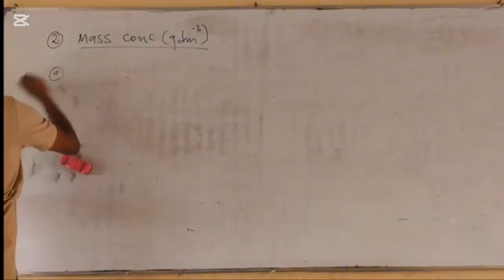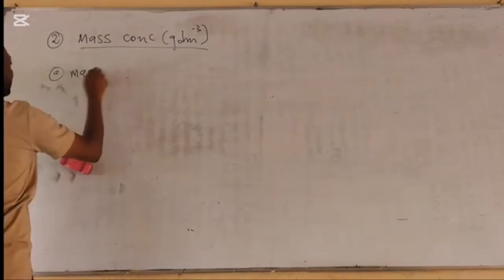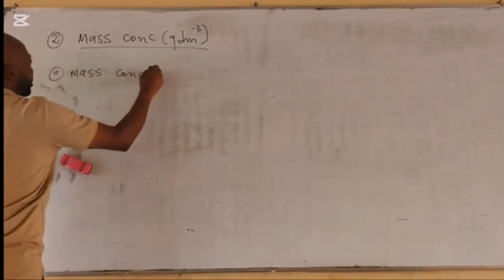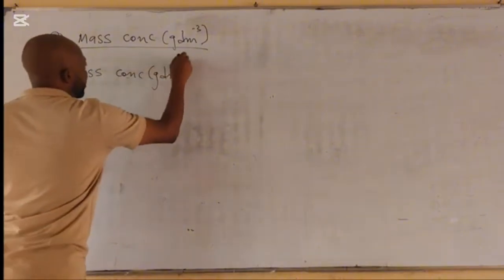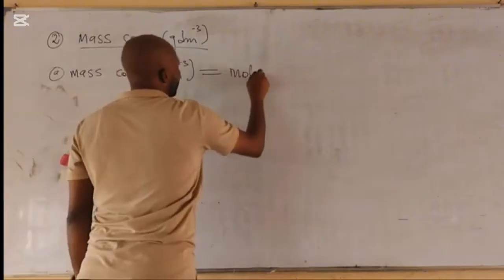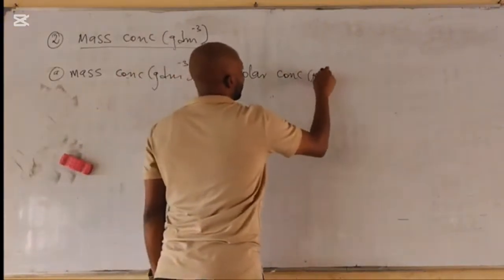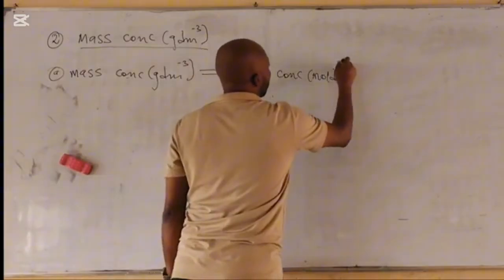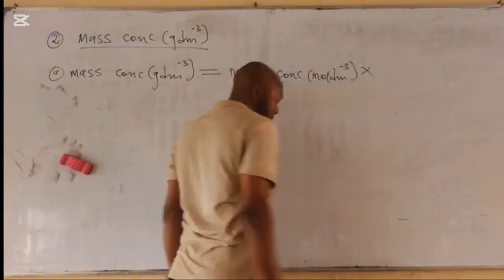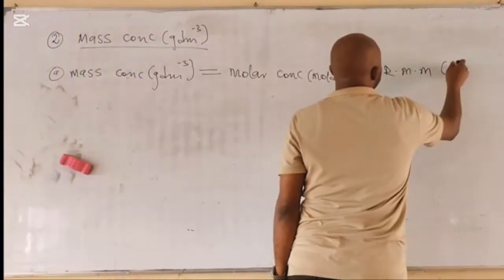A, for mass concentration, we say mass concentration in g per dm cube is equal to molar concentration in mole per dm cube times relative molecular mass in g per mole.